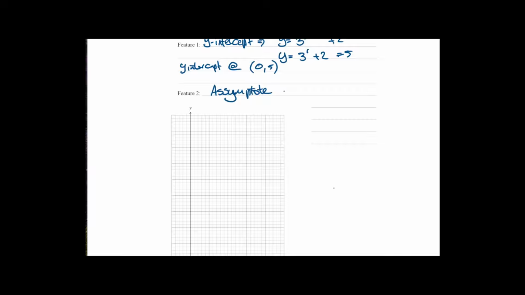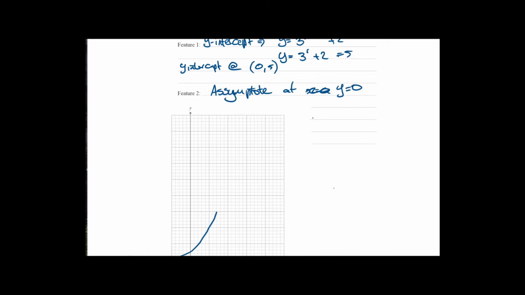So that means if we zoom out, looking kind of like that, it's going to get closer and closer and closer to the x-axis, but it's never actually going to get there. At y equals 0 actually.